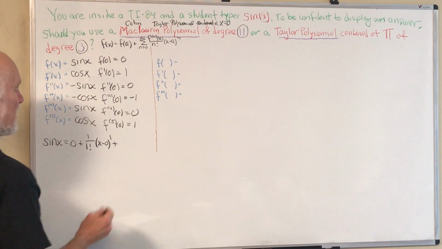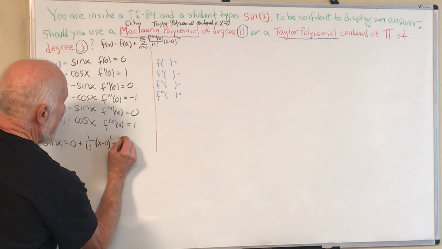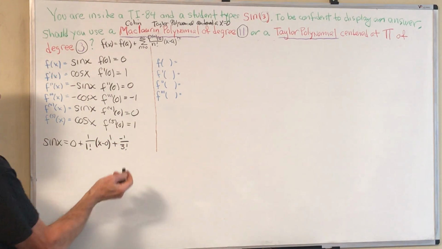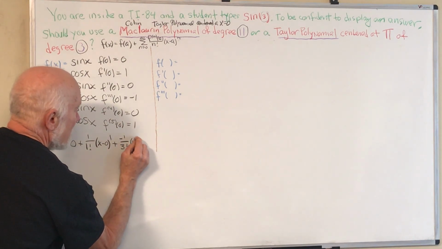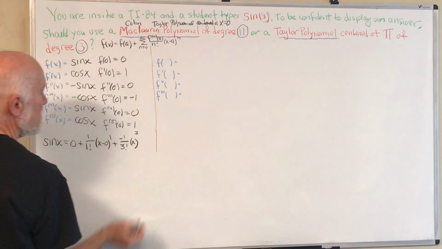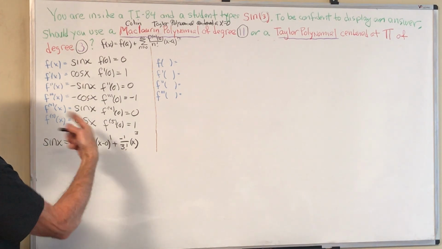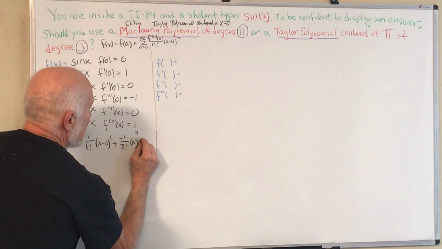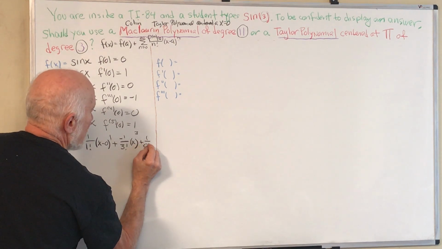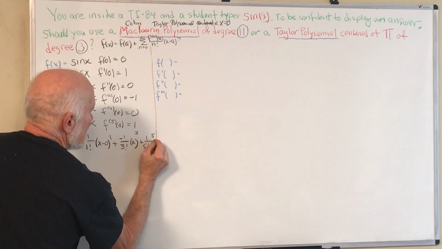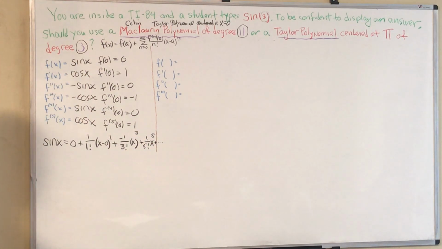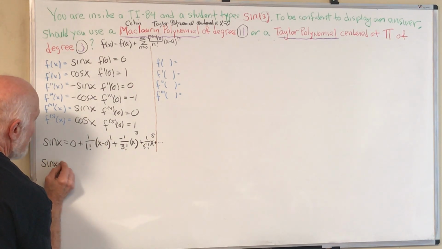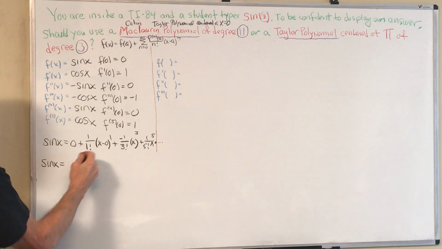Then it's going to go to the third one, plus -1 over 3 factorial times x minus 0, and I'll just put x cubed, and then it's going to skip the fourth because it's 0, and then you're going to be back to 1 again, plus 1 over 5 factorial times x to the fifth, and then it just keeps going.